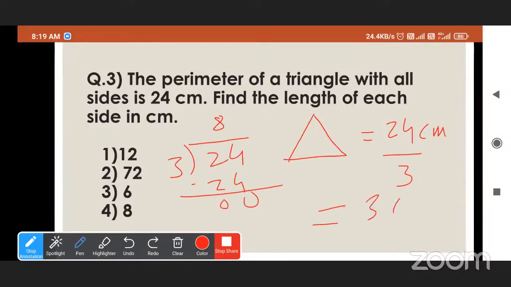So the length of each side is 8 centimeters. Read the first line: the perimeter of triangle with all sides equal is 24 centimeters. Here the perimeter is given and we have to find out the length of each side. So we get 8 centimeters. The fourth one is correct.